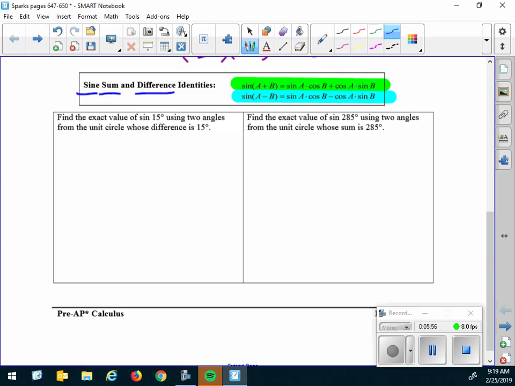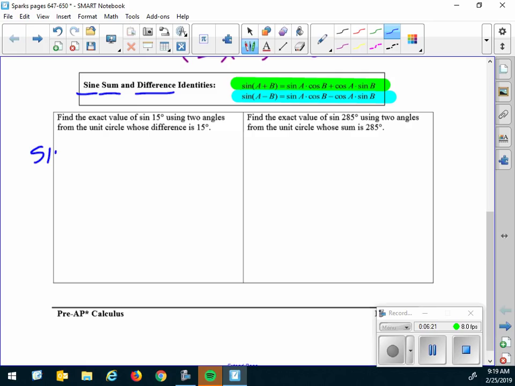Find the exact value of the sine of 15 degrees using two angles from the unit circle whose difference is 15 degrees. Now, the most obvious one, I think, is probably either, well, 60 minus 45, or you could do 45 minus 30. Either one is going to be fine.